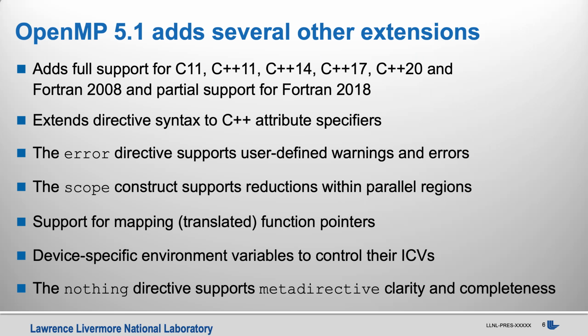Another major addition in many ways to OpenMP is that you can now specify directives in C++ using an attribute syntax, using attribute specifiers. Right now, this is largely syntactic sugar. Instead of using the pragma format, you can add the directives on as attributes.